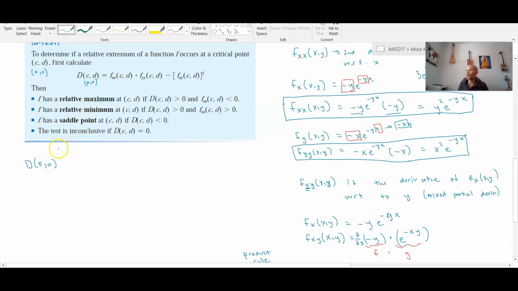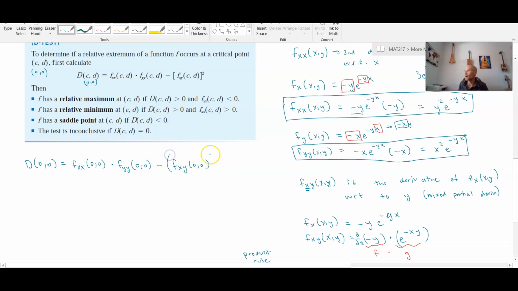That's our critical point. So this is going to be f sub xx, the second derivative of f with respect to x, evaluated at our point 0, 0, times f sub yy, evaluated at our point 0, 0, minus the square of f sub xy, evaluated at our critical point 0, 0.